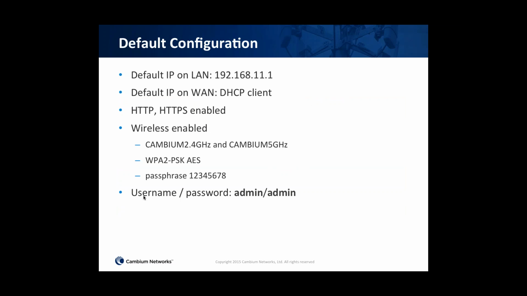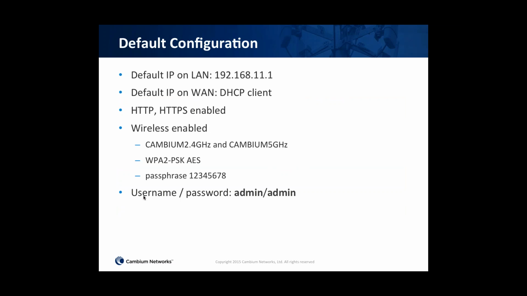The default configuration on the R200 and R201 is a default IP on the LAN of 192.168.1.1. The WAN port has a default DHCP client, which we expect to be connected to the service provider's network, with the IP address to be assigned by the service provider. HTTPS is enabled, so you can log on to the device and make any configuration changes.